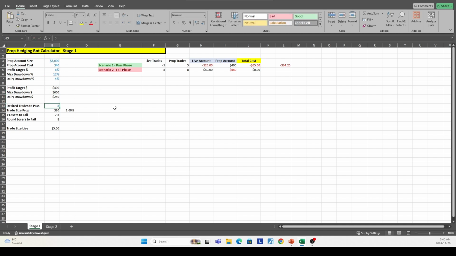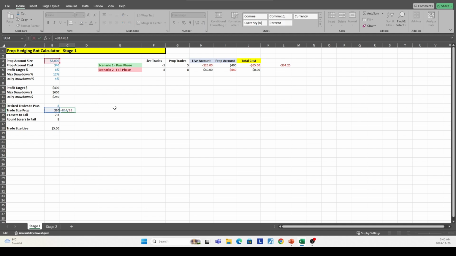We can then also calculate the number of trades you want to be able to pass the challenge with. Here, I inputted 5, because that will have a direct input on the effective risk per trade. With the 5 trades, we would be trading around $80 as our risk per trade.